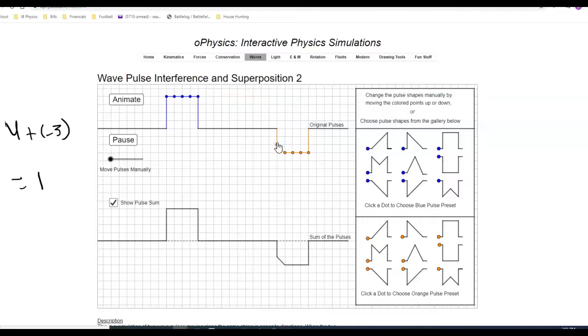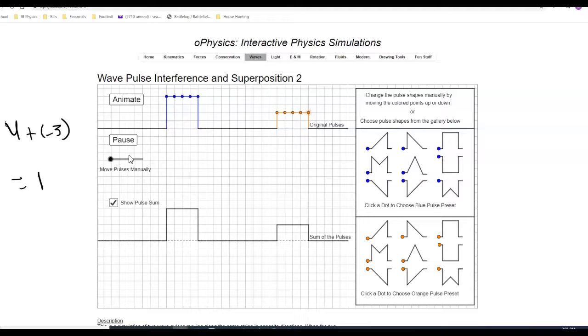Okay, so here we have 4 plus negative 3. Let's say I want to make my second wave positive 2. The only problems you're going to see are going to be these rectangles that are very easy to add. So this is going to be constructive interference when these two overlap because they're both positive. They're both the same sign.